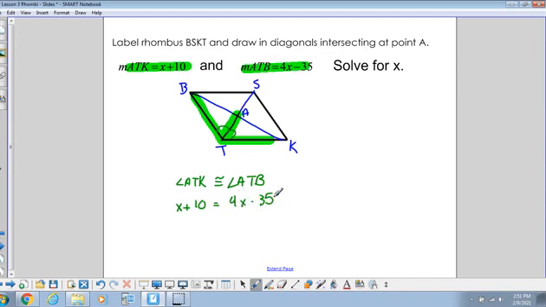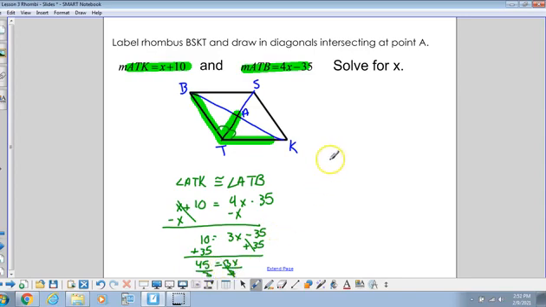We can use Desmos or we can use algebra. We can use algebra here. We get 10 equals 3x minus 35. We'll add the 35 to both sides. It ends up with 45 equals 3x. And if we divide by 3, we get that x equals 15.